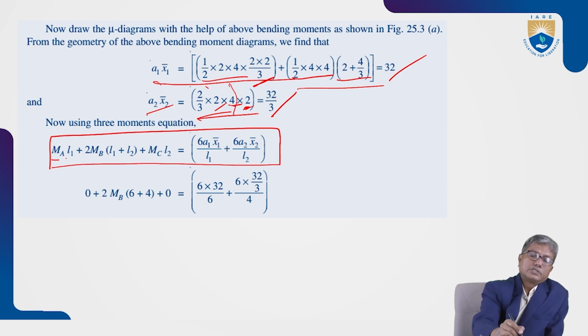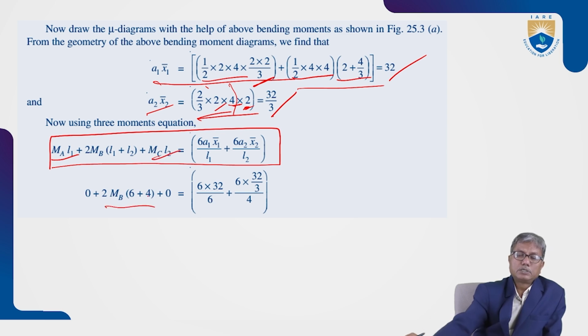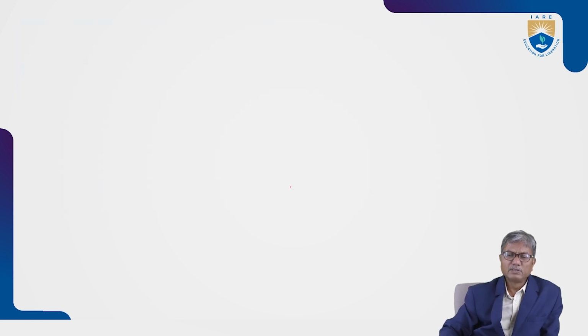So here MA is 0, we know that. MC is also 0. So we have 2MB into L1 plus L2, 6 plus 4, and on the right hand side, 6 by L1, that is 6 into A1 x1 bar, that is 2. Second is 6 into A2 x2 bar, 32 by 3 by L2, 4.